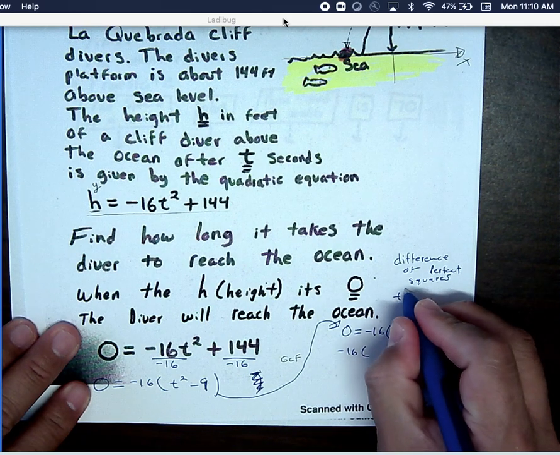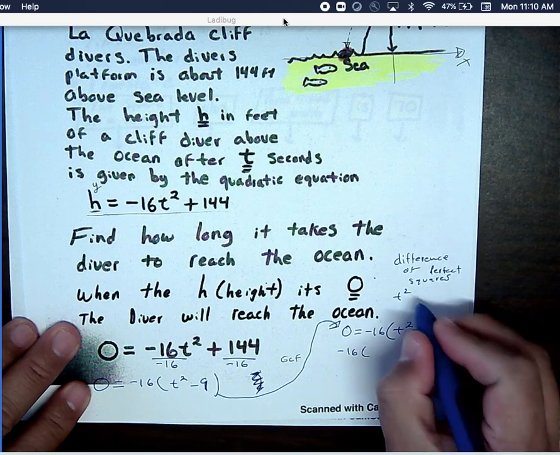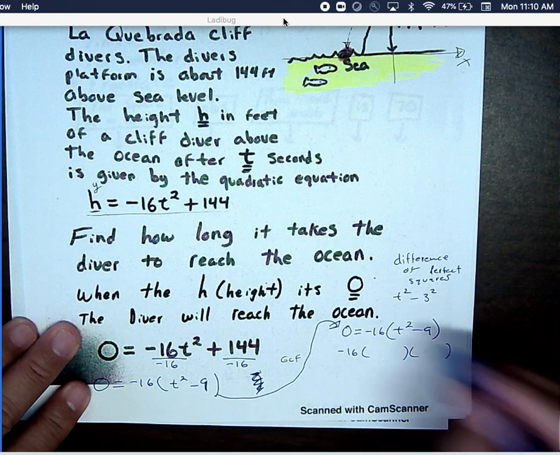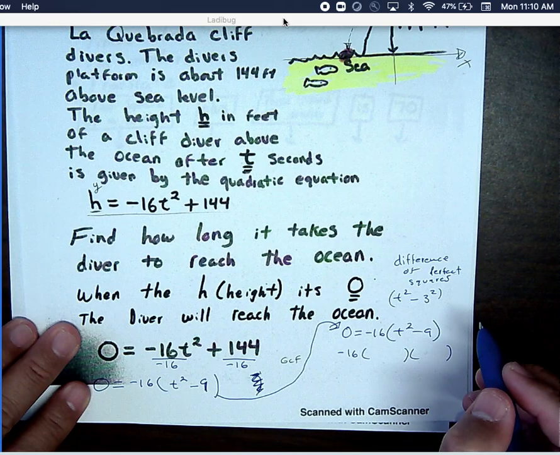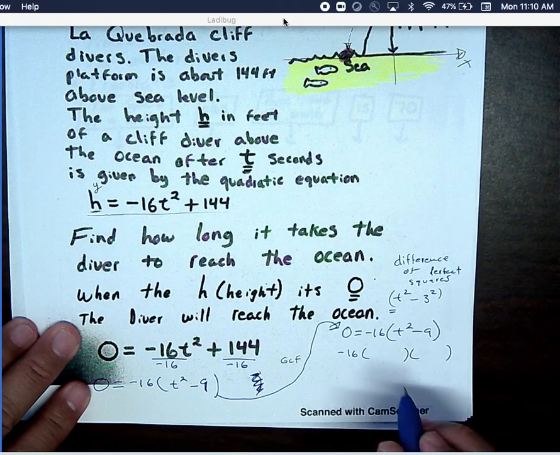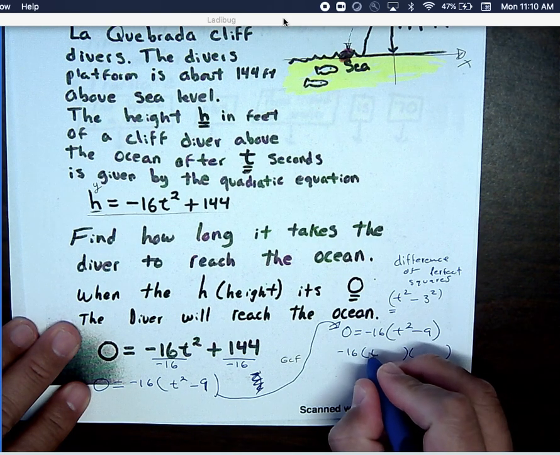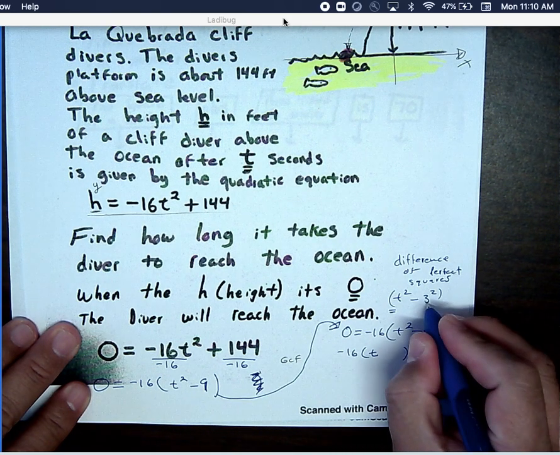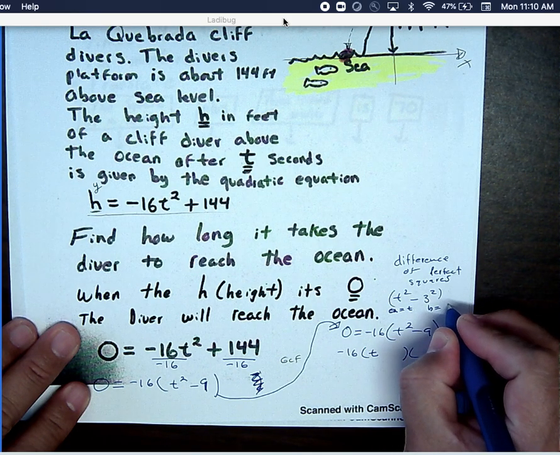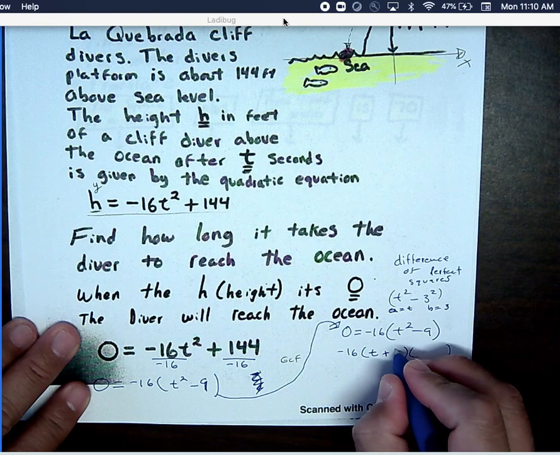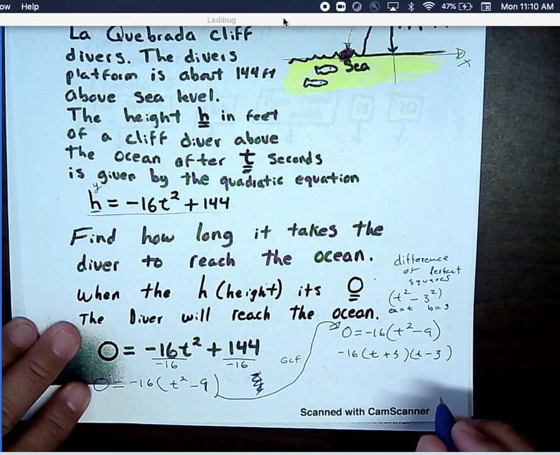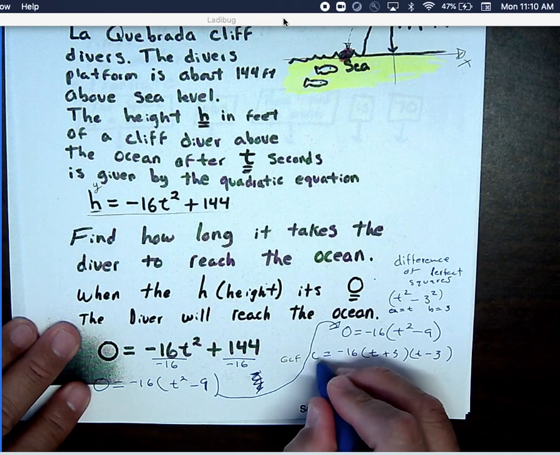So this is t squared on this side, and then we can make this look like 3 squared. 3 squared is 9. So this becomes t plus 3 and t minus 3, where a would be t and b would be 3. Difference of squares equals 0.